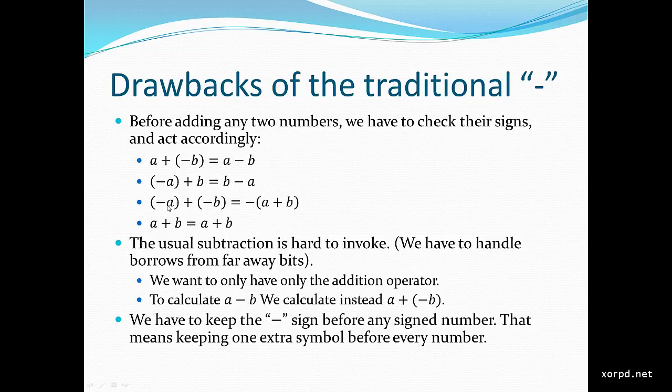If both of the numbers are negative, then the work we are going to do is an addition, and only after the addition is done, we are going to apply the minus. And also there is the usual case of just a usual addition, if both of the numbers are positive. According to the signs of the numbers, when we are going to do a plus operation, we have to check the signs and then decide if we are actually going to do an addition operation or a subtraction operation.